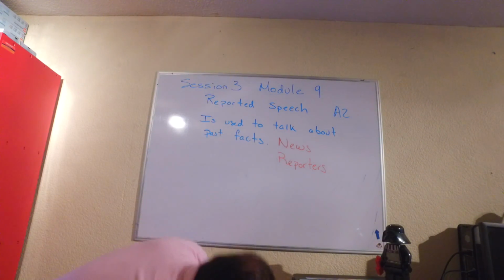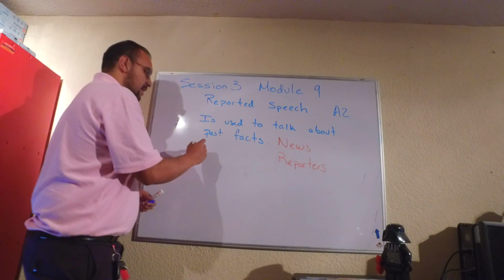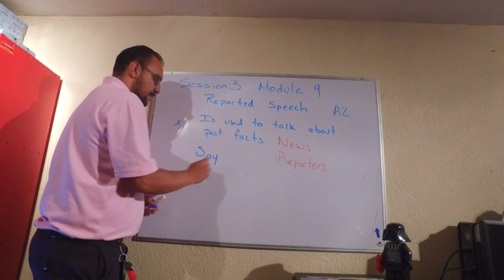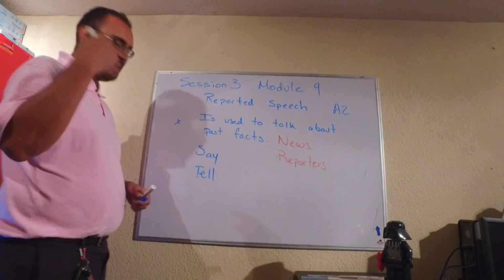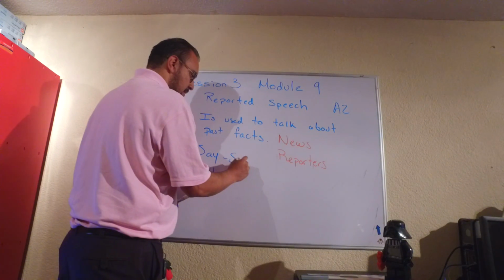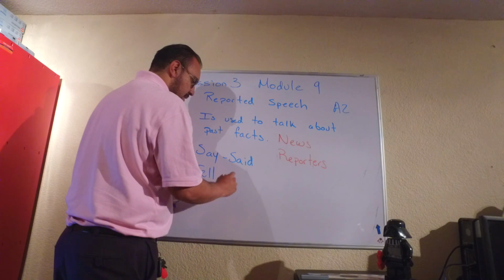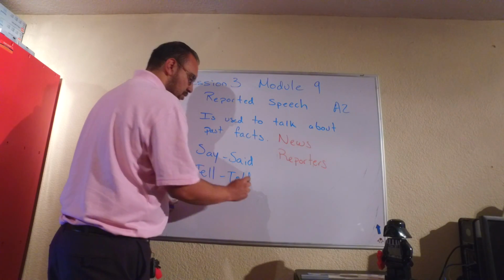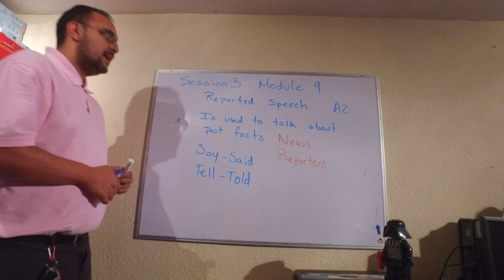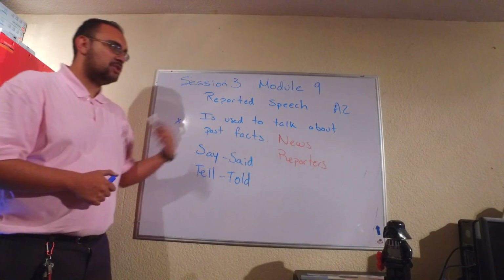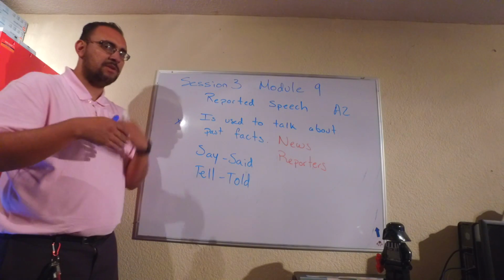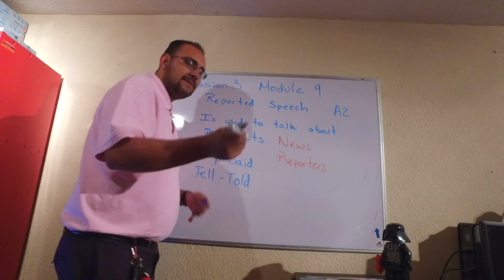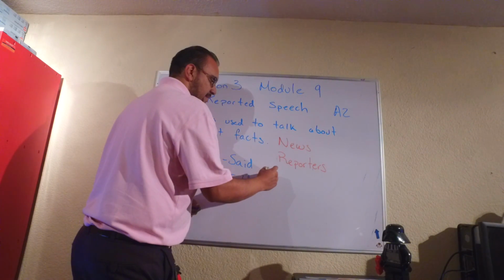These verbs are say and tell. Obviously in past. Said and told. Right? It is called reported speech because you are going to say the information that another person said.